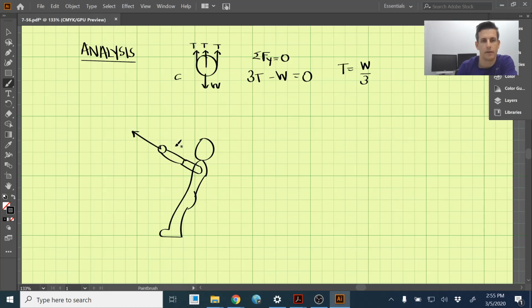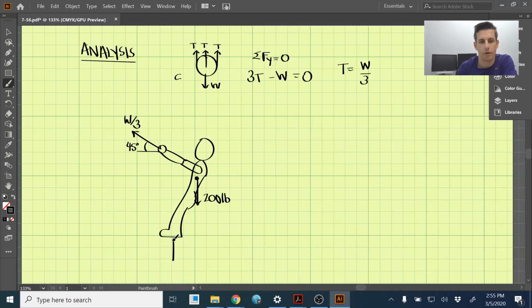We found the tension here is W over 3, and that's at 45 degrees. We know that the person's weight downward is 200 pounds.